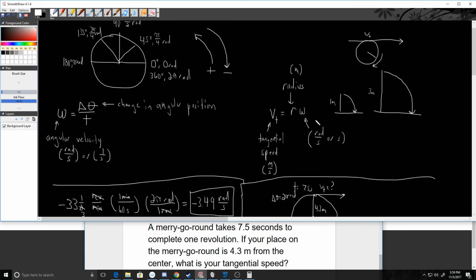If they fall with the exact same angular velocity, they cover pi over 2 radians in the exact same amount of time. The end of the 1 meter board is going to move a lot slower than the end of the 3 meter board, because the ends are both going to hit at the exact same time. If our angular velocity is the same, our radius is going to drastically increase our tangential speed.